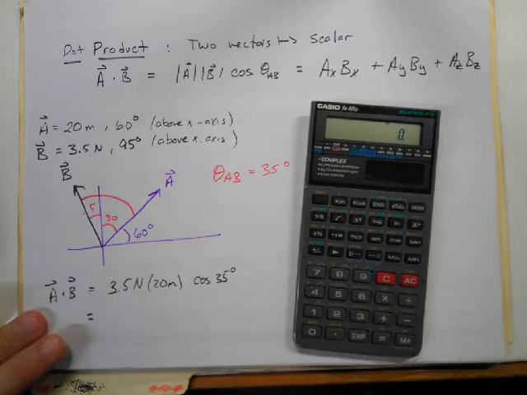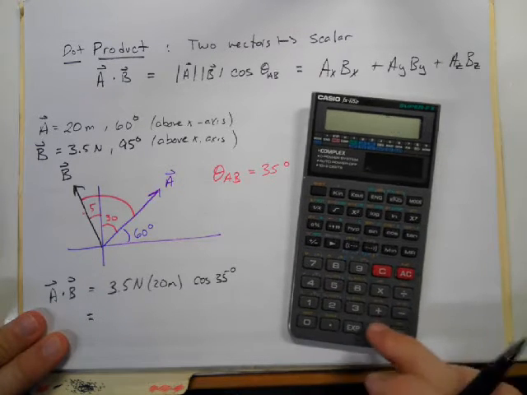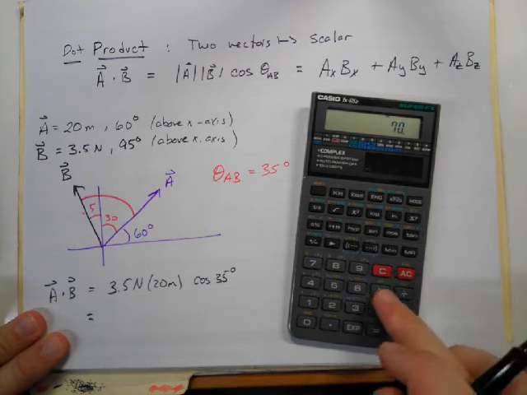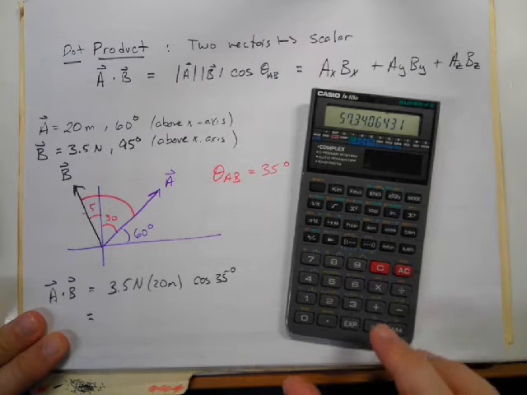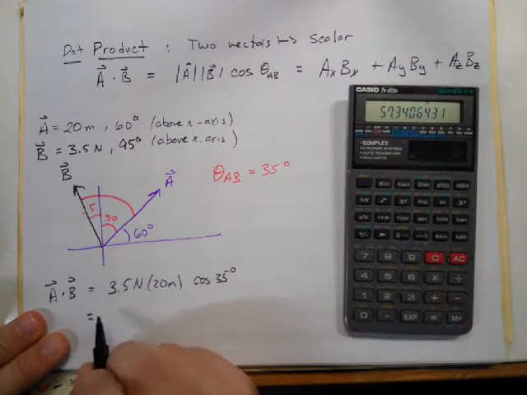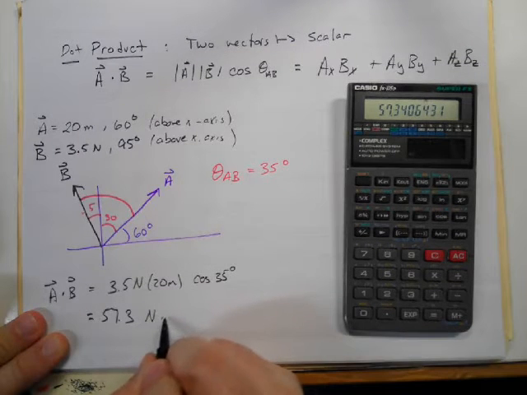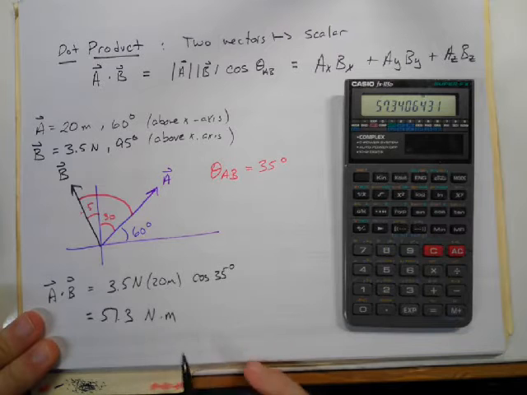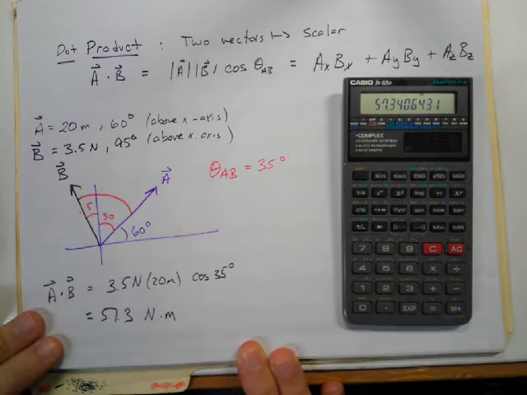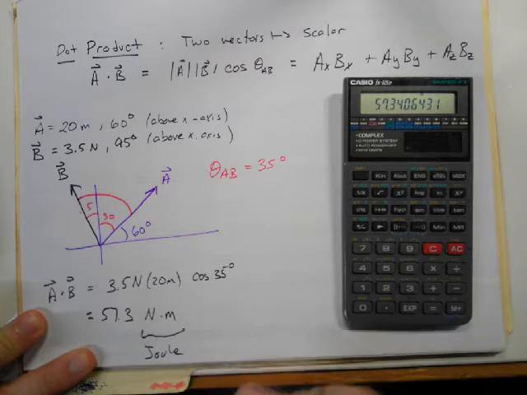To demonstrate what we're doing, we're just going to do 3.5 times 20. That should be 70. And then we'll multiply by cosine of 35. And that is 57.3 Newton meters. That is your units. It's just multiplying the units together. So this thing is defined. This is the thing you'll learn in future videos. That's a joule. Is 1 Newton times meter.